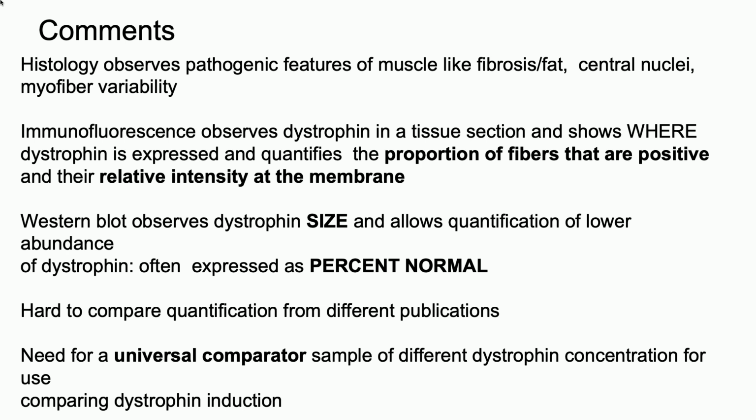So it's quite difficult for us to compare the information from one paper to another at this point, and that should be worked on over time. This has been commented on for quite a long time, but a universal comparator that can be embedded in virtually every dystrophin quantification experiment is actually a critical ingredient that would help us move forward to give better information about really how much dystrophin is in individual muscles along the way.